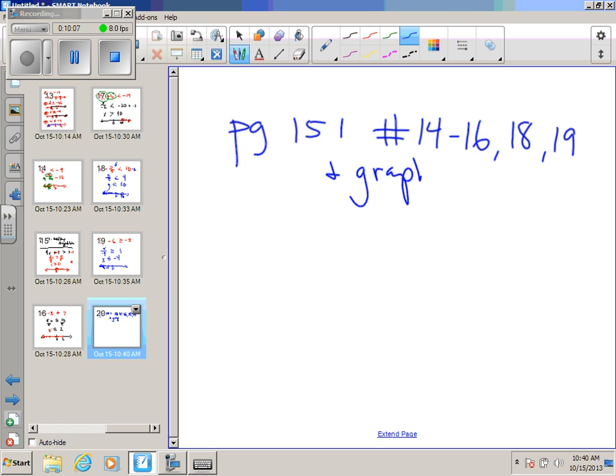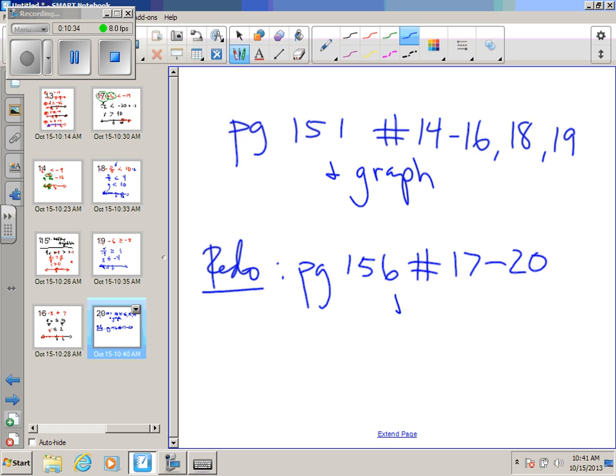Obviously, in graph, if you want to redo, yeah, hold on. Page 156, numbers 17 to 20. And graph.